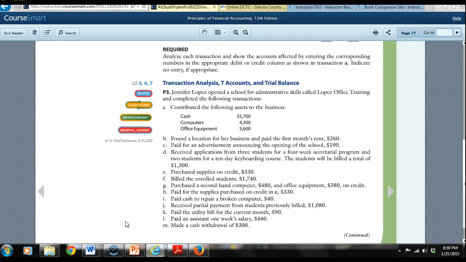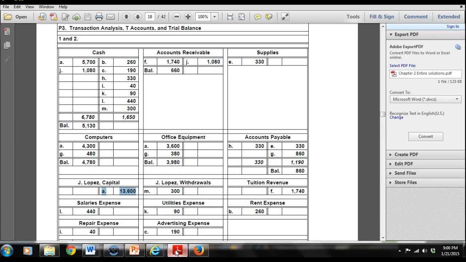Next, G, purchased a second-hand computer for $480 and office equipment for $380 on credit. So we're going to have two debits here, aren't we? This is G, okay? Office equipment is G of $380 debit. Computers, G is a debit of $480.